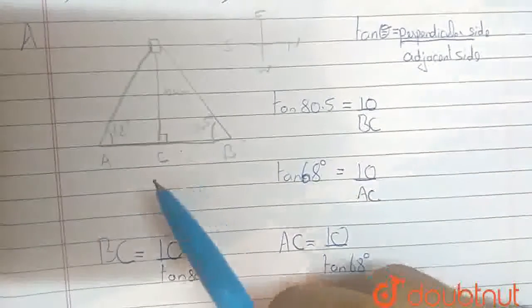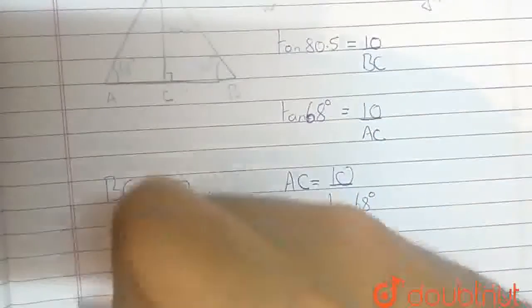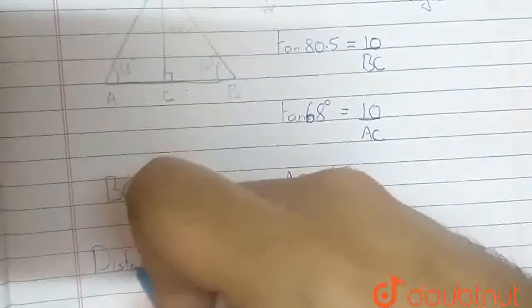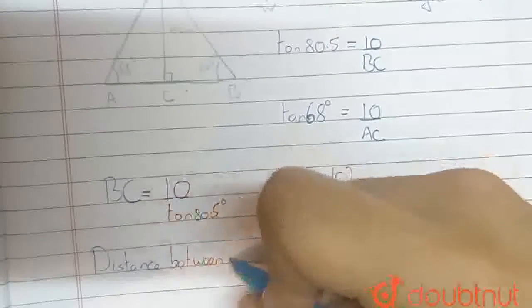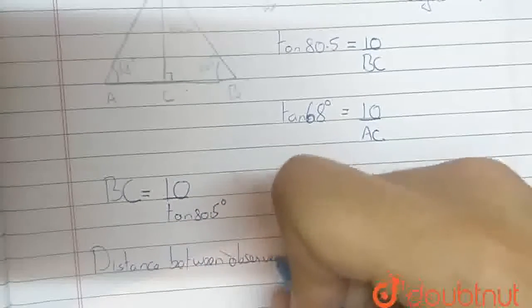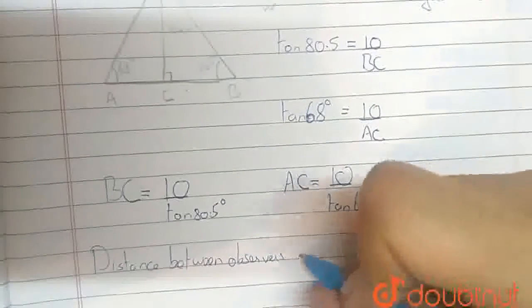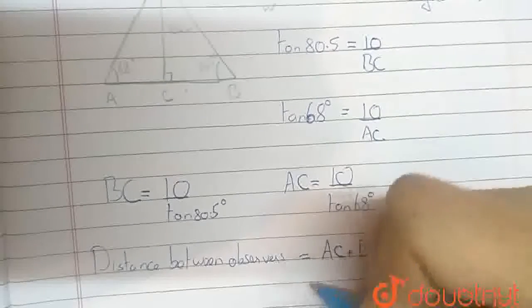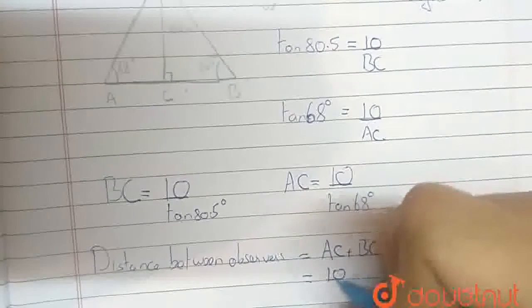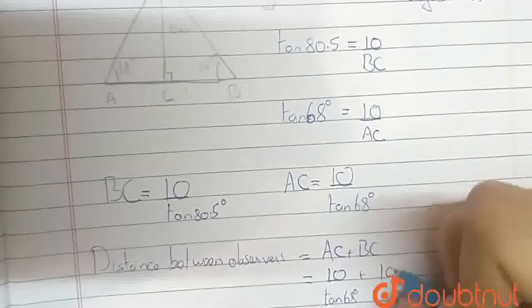Now notice how AC plus BC is nothing but the distance between the observers. So distance between observers is AC plus BC, which is 10 by tan 68 degrees plus 10 by tan 80.5 degrees.